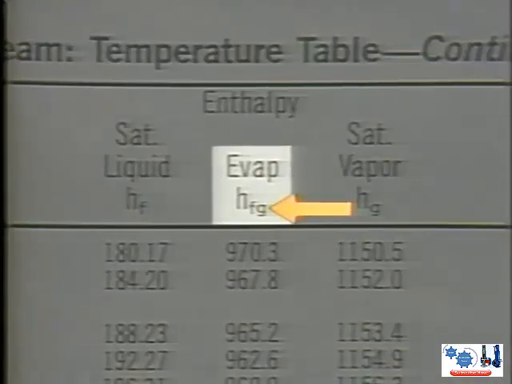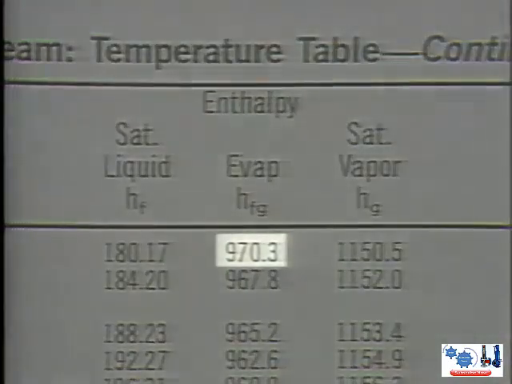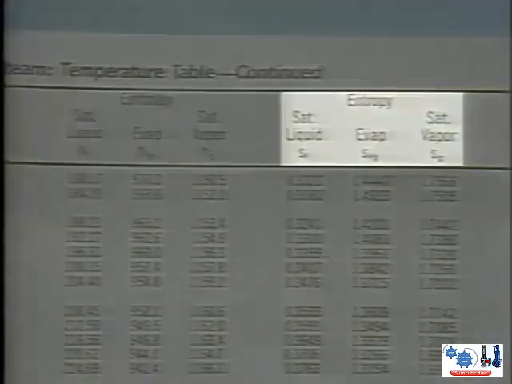This column represents the difference between the enthalpy of saturated water and saturated steam, or more simply, the latent heat of vaporization. For our example, the latent heat of vaporization for 212 degrees and at 14.7 psia is 970.3 BTUs per pound.